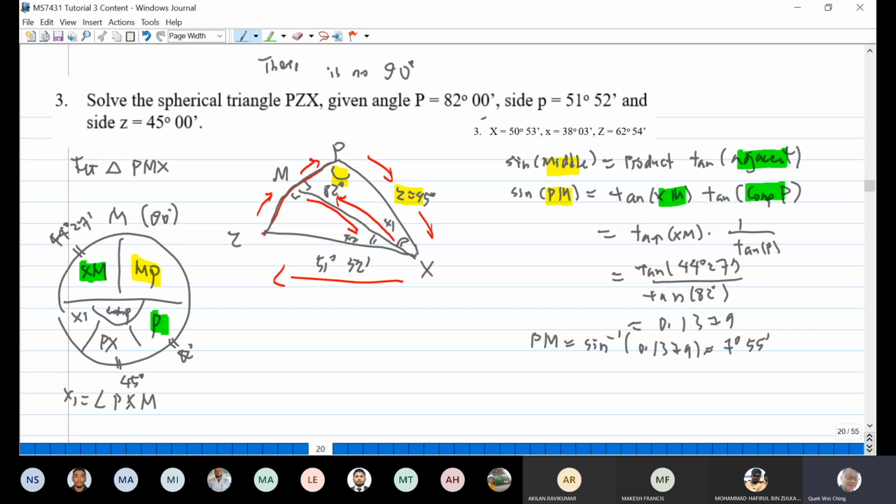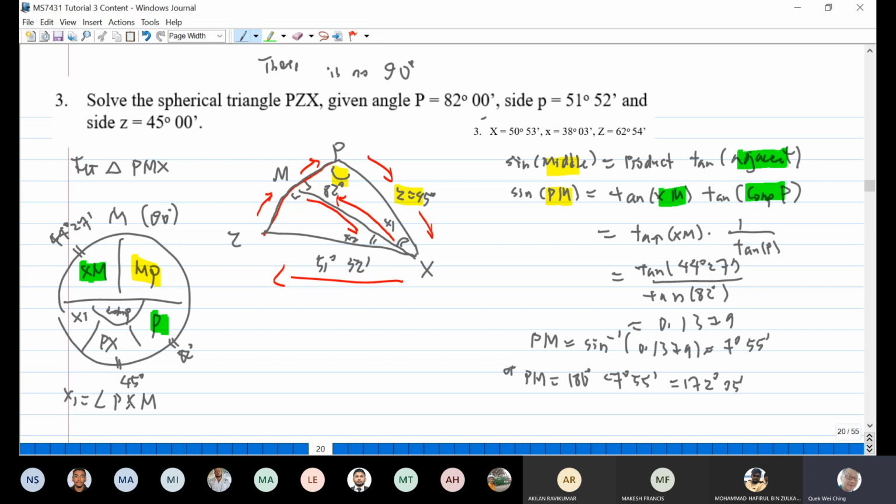Okay, this is your PM. As I say, this is getting from sine inverse. Or PM is equal to 180 minus 7 degree 55 minutes. Let's see what you get. It's actually 172 degree and 5 minutes here.